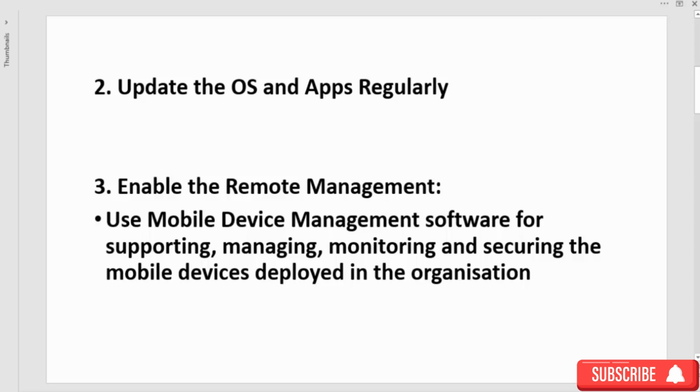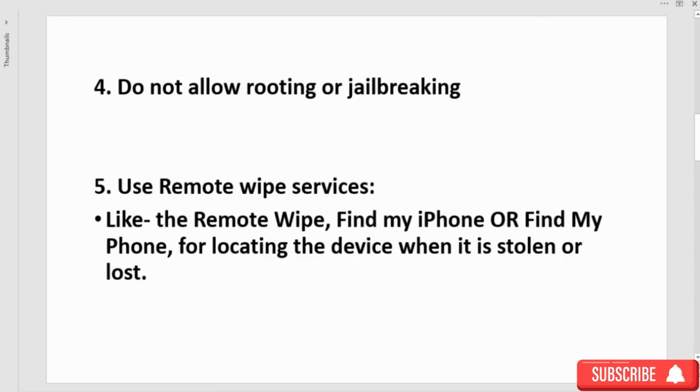That would help you in scanning the security of apps and help you detect which app is genuine and which is not. Now, always enable remote management. Use mobile device management software for supporting, managing, monitoring, and securing the mobile devices deployed in the organization.